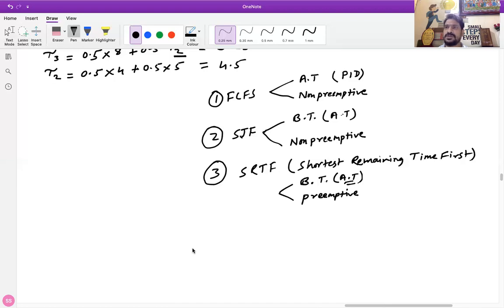If we find that a new process has just come up and has less burst time, we remove the process running right now that has more burst time and put it into the ready queue, and we allocate the CPU to the new process, which has the shortest burst time. So that is the criteria for the shortest remaining time first scheduling algorithm.